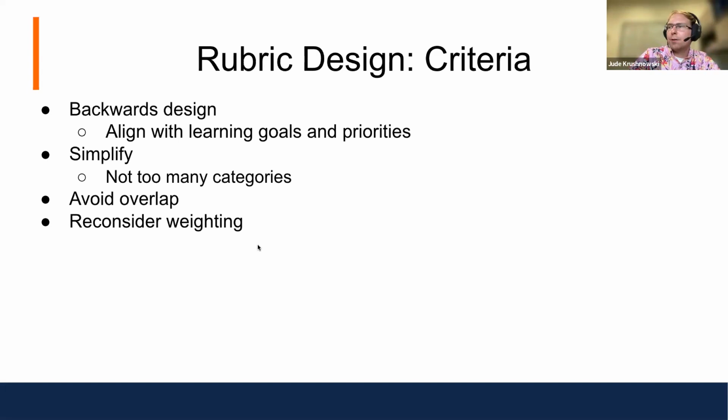So reconsider, and then again, the majority of us here are operating with a traditional grading scale. Some of us are converting from an SVG rubric to a traditional grading scale. And so grades are still important. We can't get away from the ABC or the percentages. And so we want to reconsider weighting for our rubrics.